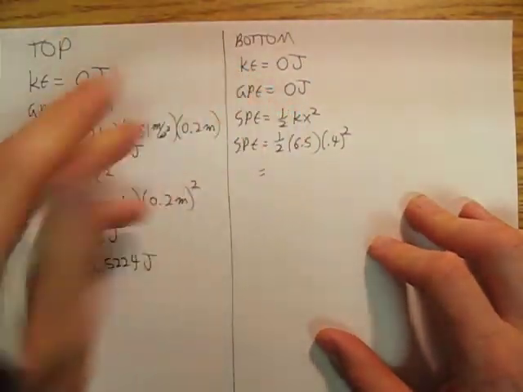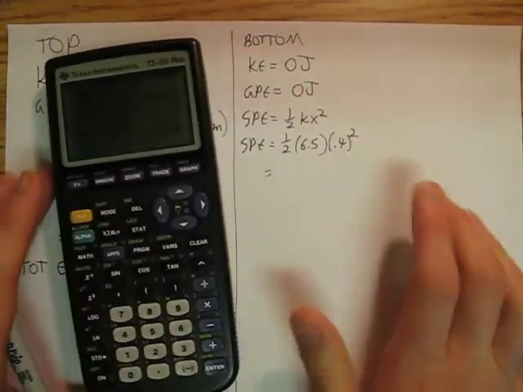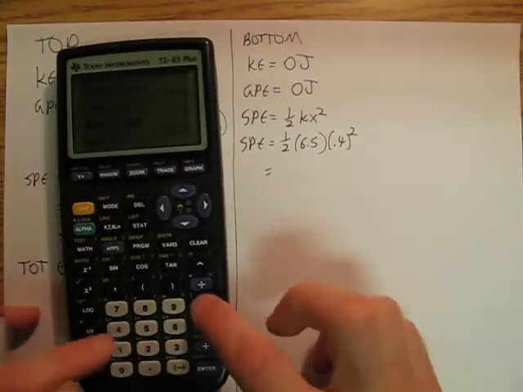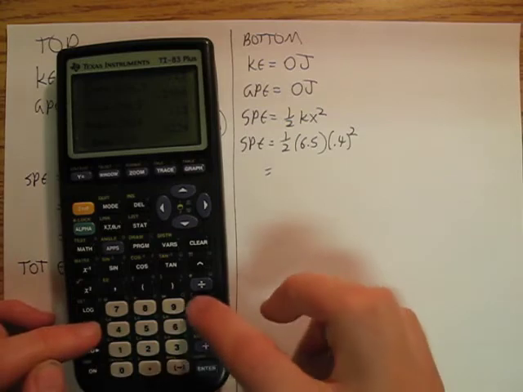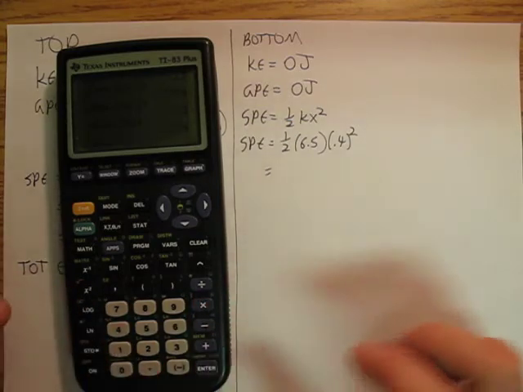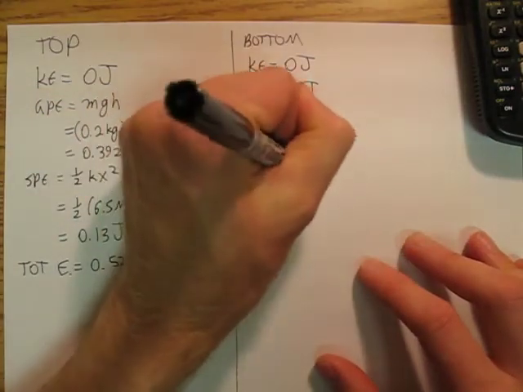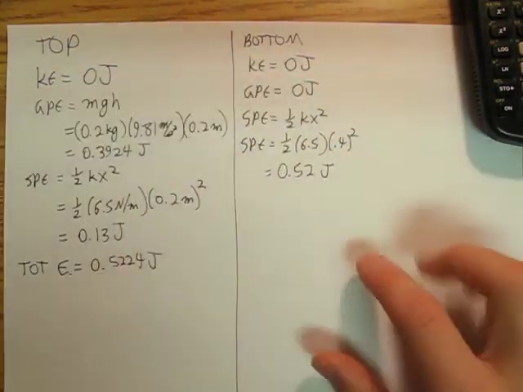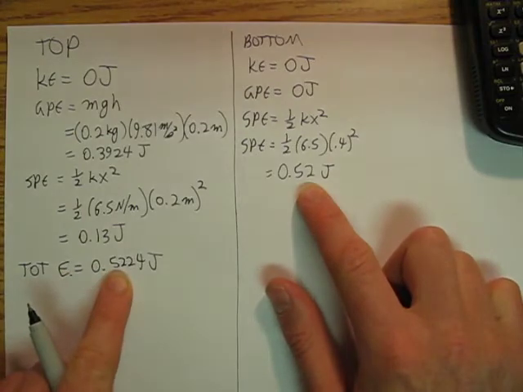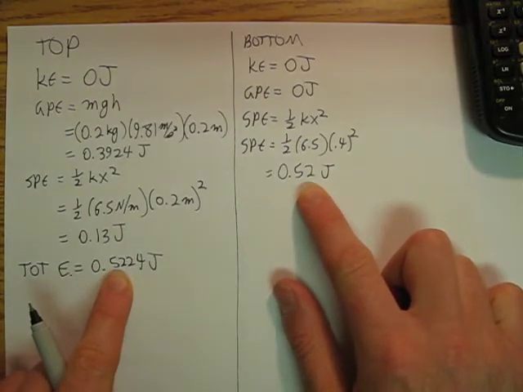So 0.5 times 6.5 times 0.4 squared is 0.52 joules, which is strangely enough what I got right there.